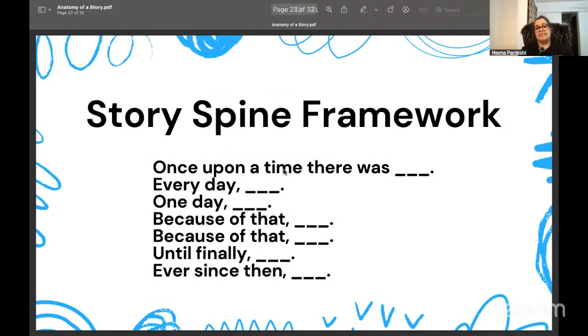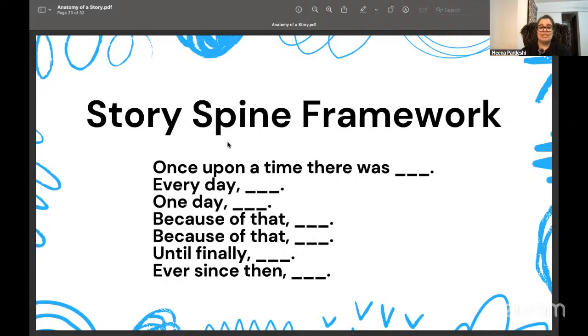Here is the story spine framework. Once upon a time, there was... Every day... One day... Because of that... Because of that... Until finally... Ever since then... So this is the entire basic structure of a story spine.